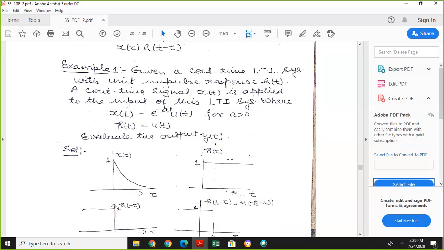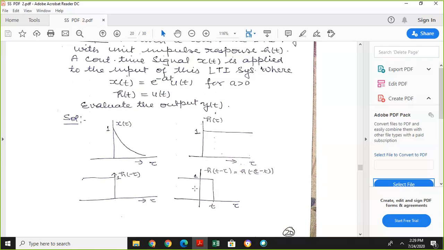And next draw h of tau, which is simply the unit step function given by this diagram. Then, second step, take the mirror image of h of tau about the y-axis.